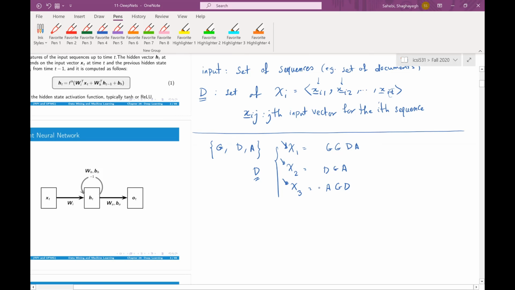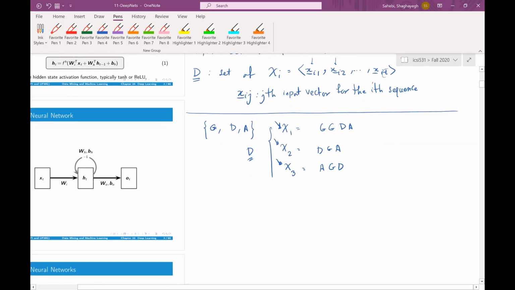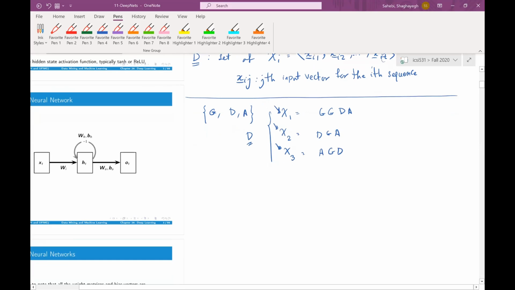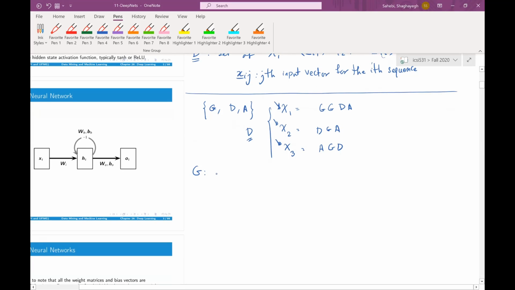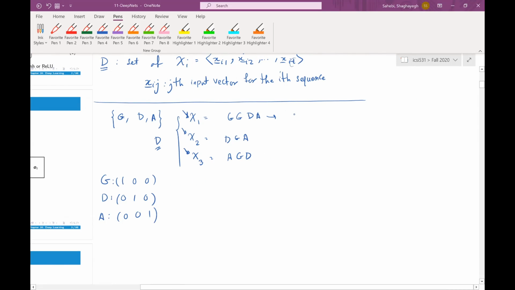And you remember that for data representation, when we had categorical data, we could represent them with binary vectors, right? So for example, right now we have 3 letters and we can represent them with a binary vector of length 3. We can say G is the vector 1, 0, 0. D is vector 0, 1, 0. And A is vector 0, 0, 1. Right? So I can represent my x1 like this.